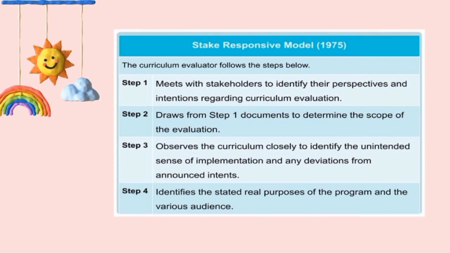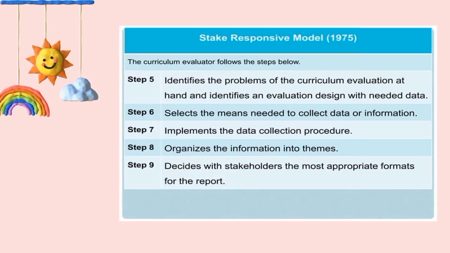Third, observes the curriculum closely to identify the unintended sense of implementation and any deviations from announced intents. Fourth, identifies the stated real purposes of the program and various audiences. Step 5, identifies the problems of the curriculum evaluation at hand and identifies an evaluation design with needed data.